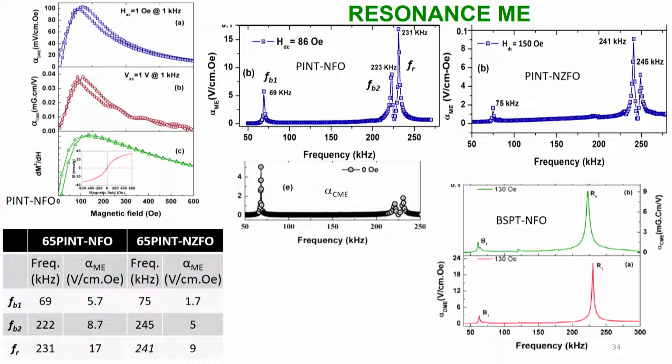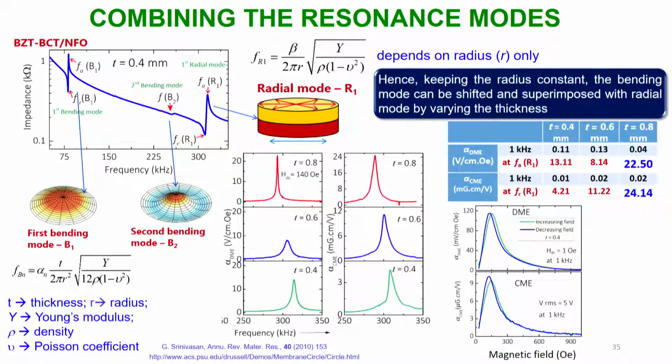Here another example is going to be BSPT nickel ferrite. Once you have that, you will be able to see the kind of radial mode. So you do the COMSOL simulation, identify the radial mode, then prepare the device and check how much the values are, whether it is matching and other things. Once you have done that, you will be able to do the actual measurement.